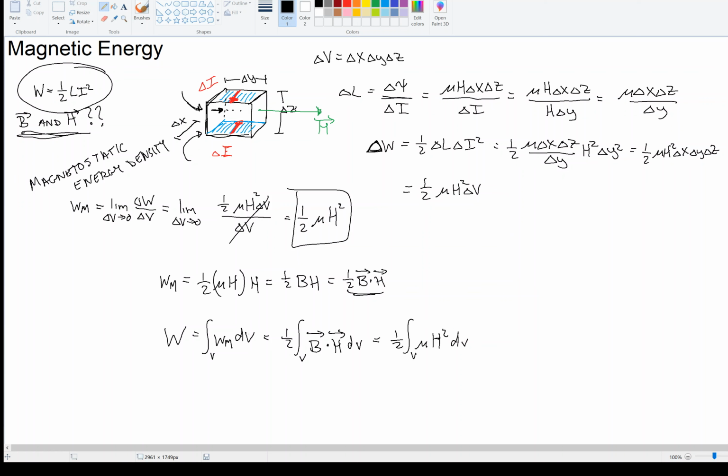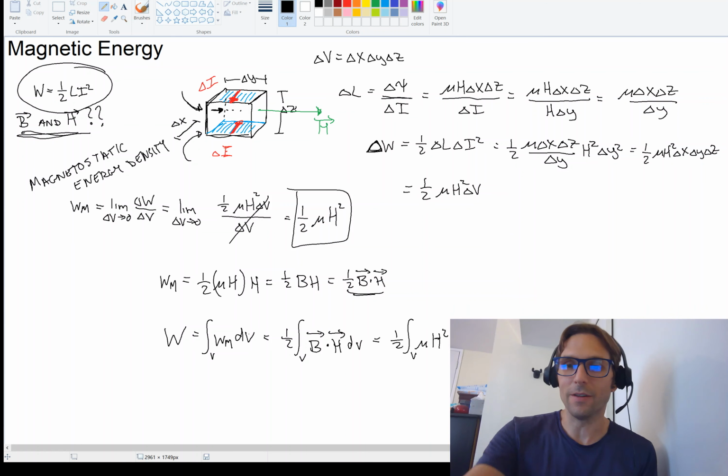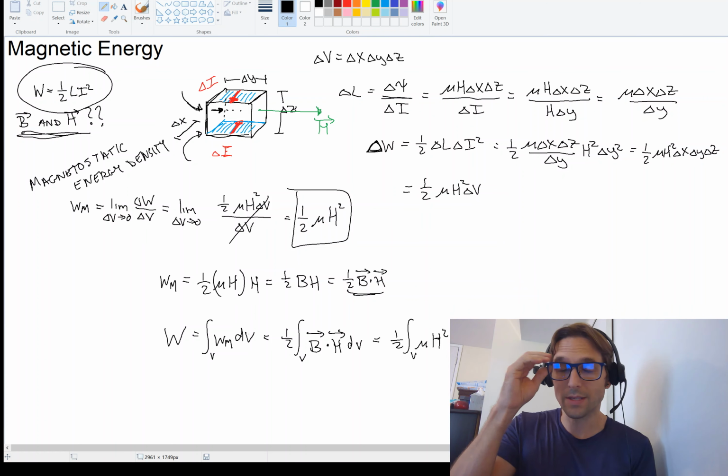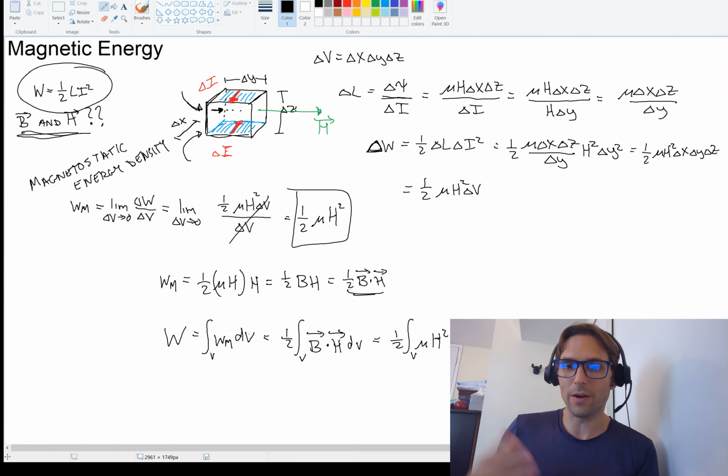And then if we talk about circuits, the power, which is related to energy in a resistor, is V squared over R, or I squared R. And we had earlier 1/2 Li squared as the energy in an inductor. And so here we see that the energy is related to the square of the magnetic field. So that's a nice result. That's an unsurprising result. It usually happens that it's related to the square of whatever physical quantity we're dealing with.